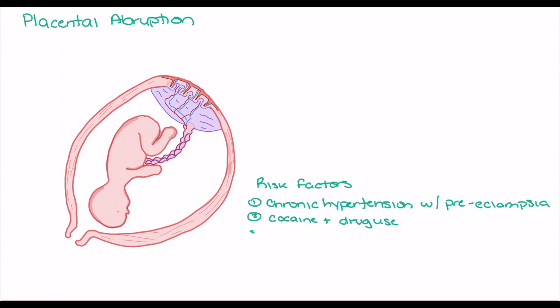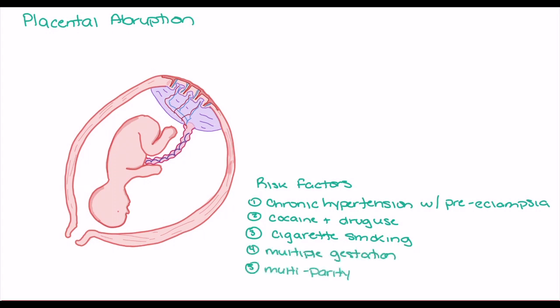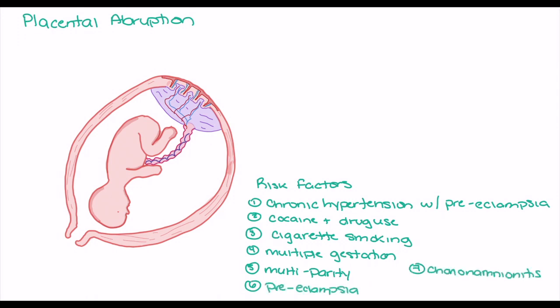A number of additional factors exist that have lower correlation with placental abruption, but also lead to an increased chance of vessel weakening and rupture. Cigarette smoking is closely related with placental abruption, and the number of cigarettes smoked during pregnancy proportionally increases the chances of placental abruption. Other maternal factors such as multiple gestation, multiparity, the presence of moderate to severe preeclampsia, and chorioamnionitis, an infection of the chorion or amniotic sac, lead to a moderate increase in the chance of developing placental abruption.